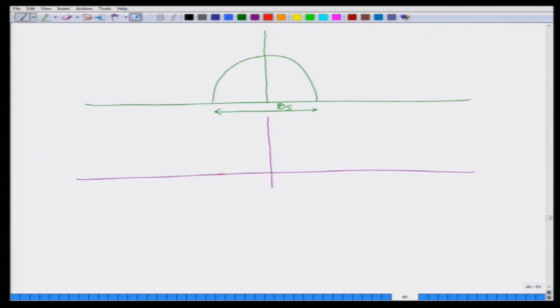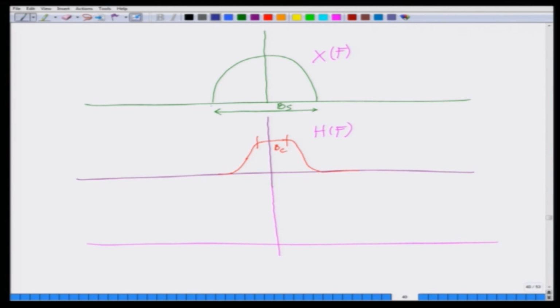Let us say my channel has a smaller bandwidth, this is my Bc. Now, clearly you can see this Bs, bandwidth of the signal, is larger than the bandwidth of the channel. So, this is my signal spectrum Xf, this is my channel response Hf.